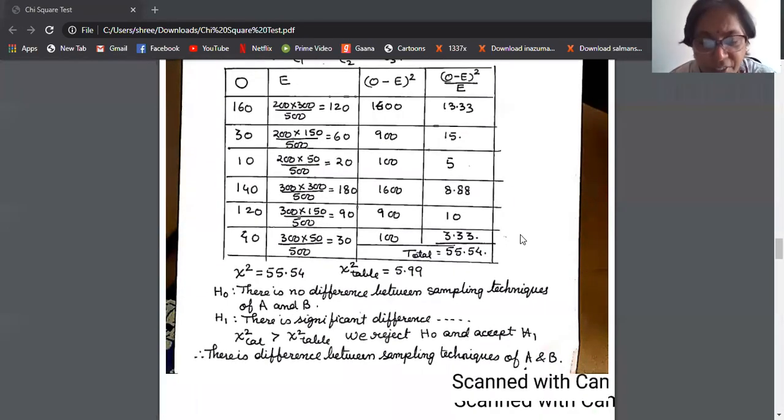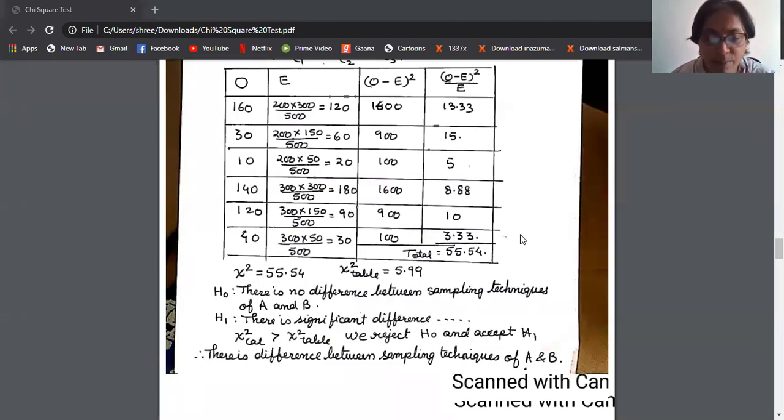The calculated value 55 is way greater than 5.99. So chi-square calculated is greater than chi-square table value. As I said, if the calculated value is less, we accept H naught. If the calculated value is more, then we have to reject H naught.